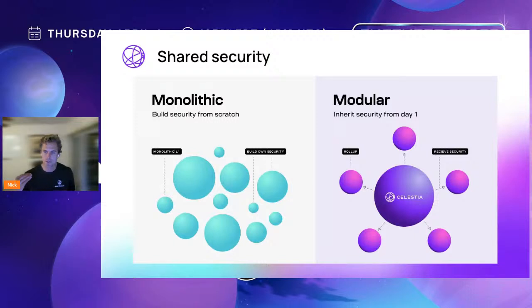So you would have to issue a token, you would have to get a validator set, and then the security of your chain is basically proportional to the value at stake. And when you're a rollup and you build on something like Celestia, you actually plug into the security layer of Celestia. You don't have to bootstrap a new consensus network. You don't have to worry about how much stake you have, because you inherit that from Celestia.